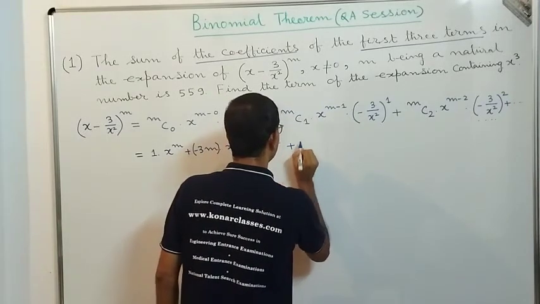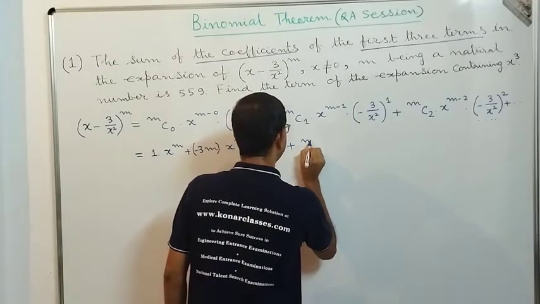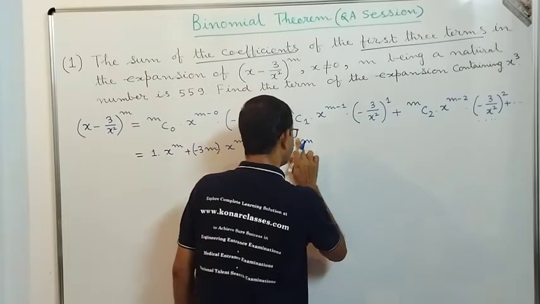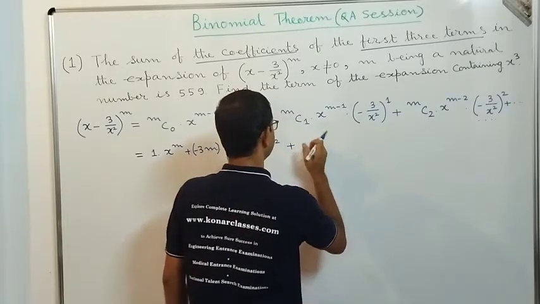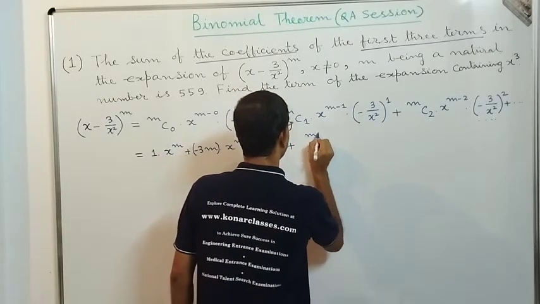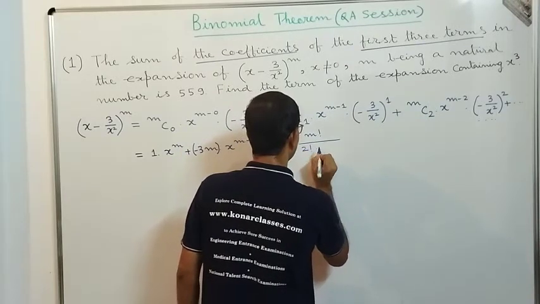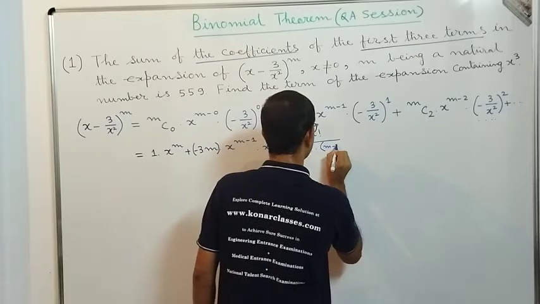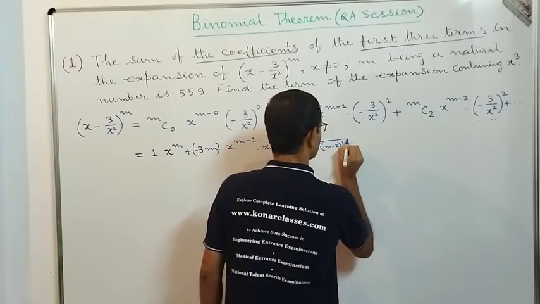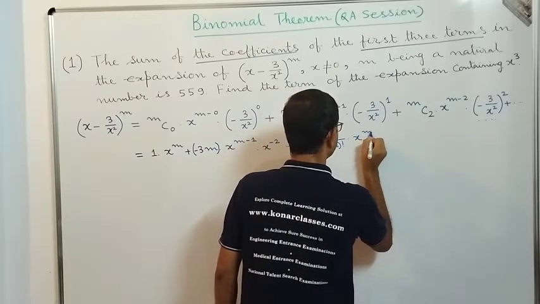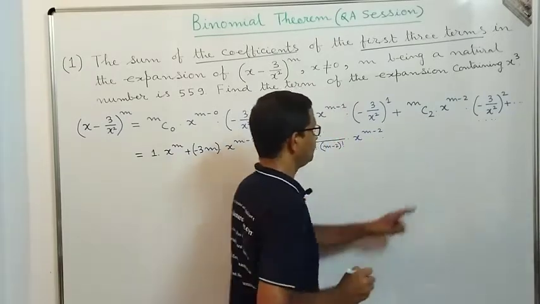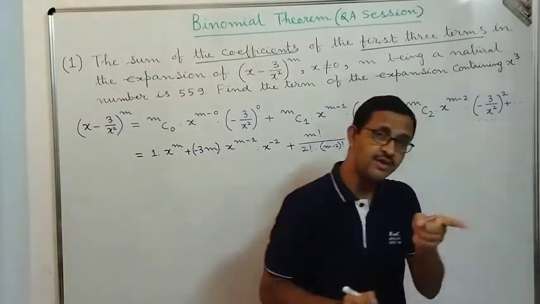For mC2, we can expand it also here if we wish. It will be factorial m divided by factorial 2 into factorial m minus 2, into x to the power m minus 2 into (minus 3 by x square) whole square.